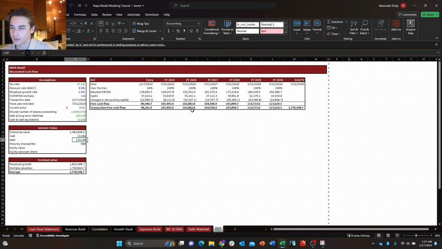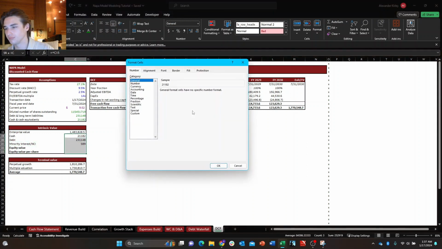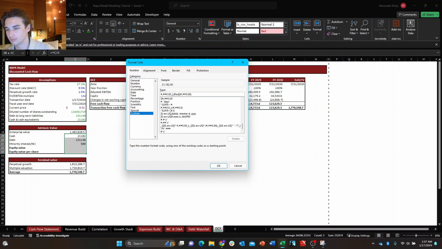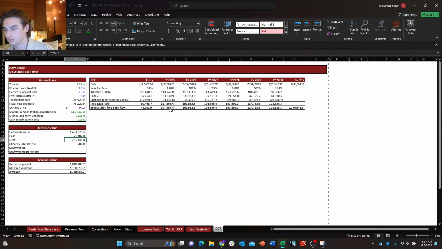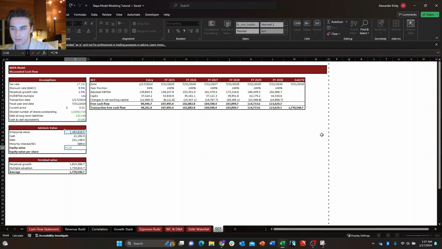And from here, this should give us our equity value. So what we do is take our enterprise value, then add our cash, subtract our debt, subtract our minority interest, and this gives us our equity value.